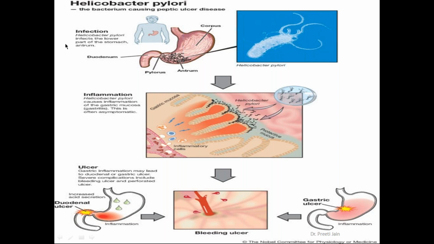So this is the pathophysiology of how the Helicobacter pylori causes the mucosal damage. Now this Helicobacter pylori infects the lower part of the stomach, and once it is there, it causes an inflammatory response to occur.